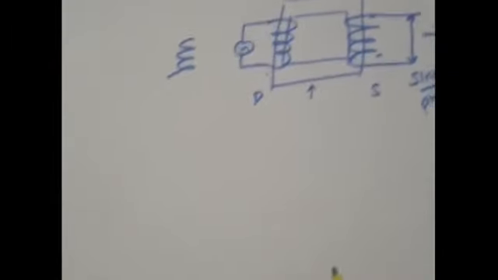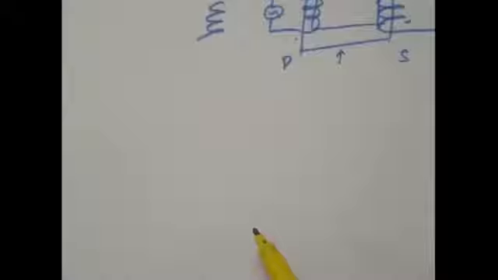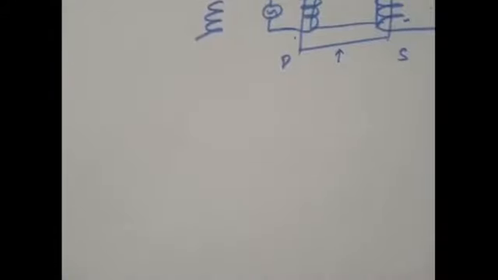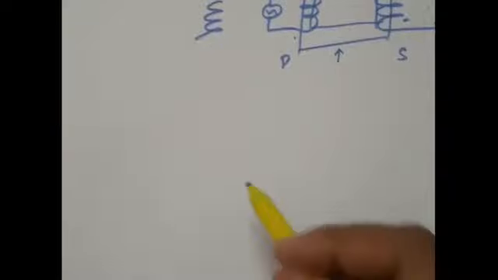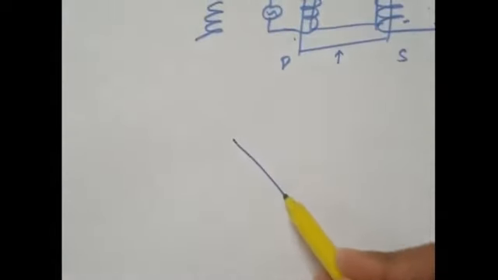The basic thing to understand is that we have to join 3 single phase transformers with each other so that they have an angle of 120 degrees with each other.